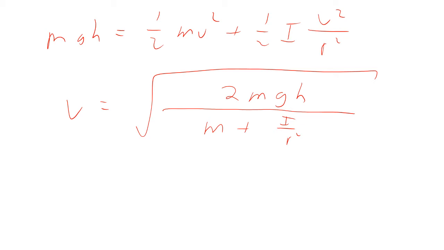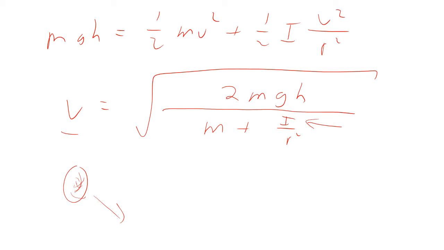Obviously, I said it could be a sphere, or a cylinder, or a hoop or a wheel, anything round that rolls can be going down. They all have a different I, and if they have a different I, then they're going to have a different velocity. If they have a different velocity at the bottom, they're going to have a different velocity partway through.